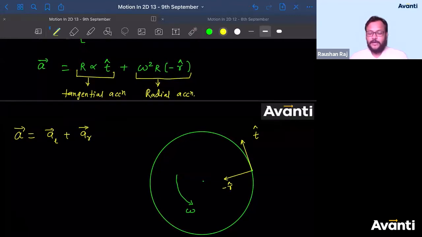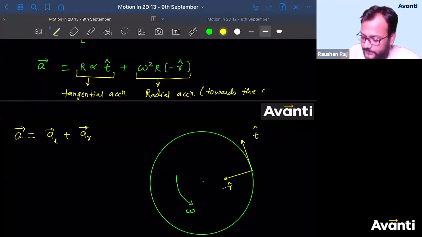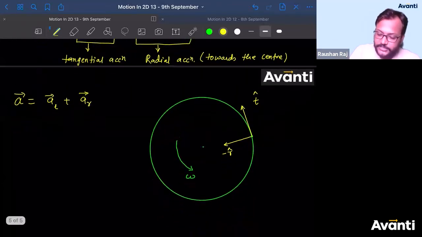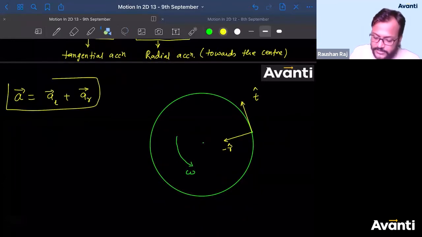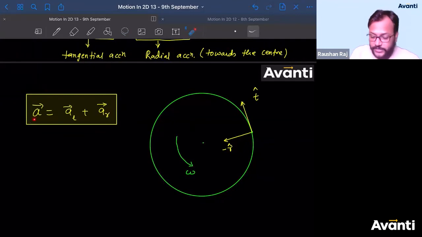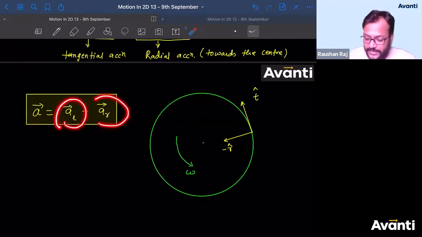What is the direction of radial acceleration? Towards the center. So whenever you are asked for the acceleration of a particle undergoing circular motion, you need to find the net acceleration. You have to consider AT also, and AR also.